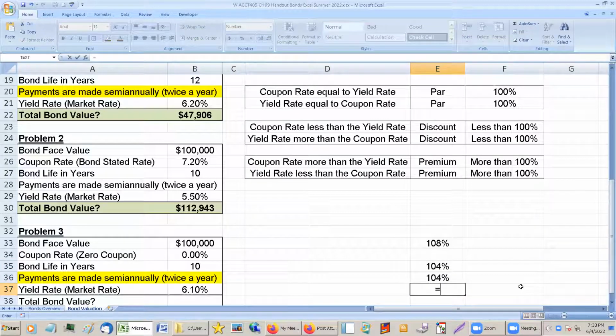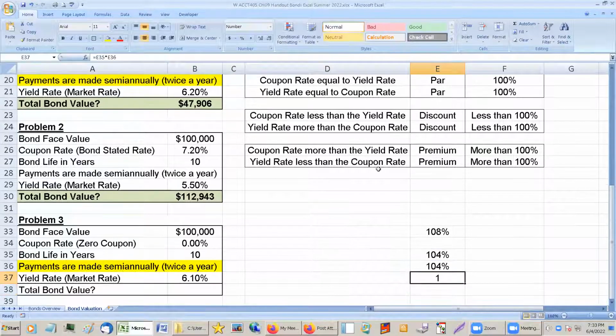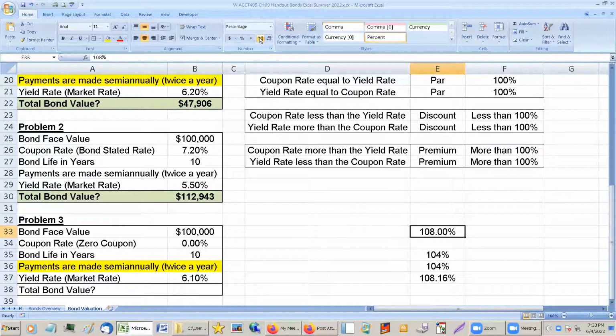They'll be multiplied by each other. So it'll actually be a little bit higher if it's semi-annual. The actual effective interest rate is a little bit higher because of the compounding. So that's why you gotta be a little careful on this.